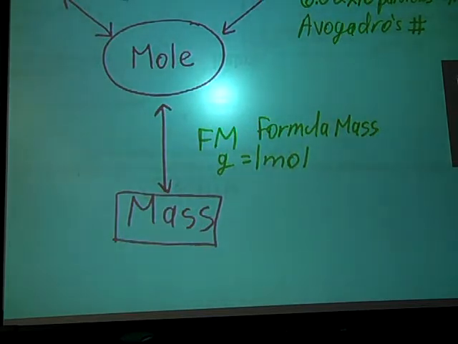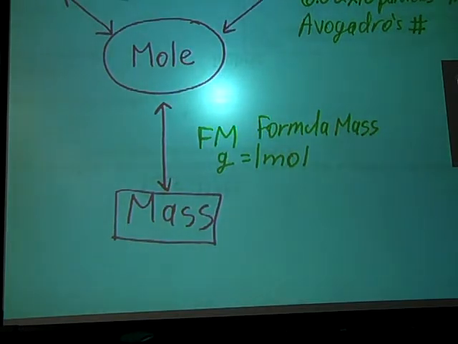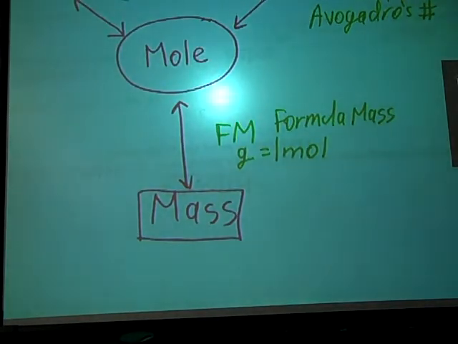If you have 1 mole of a substance, it will have the same mass in grams as 1 atom of that substance has a mass in AMUs. So, for example, the periodic table tells me that chlorine has an atomic mass of 35.45 AMUs. Well, 1 mole of chlorine, if it was just Cl, bad example, would have a mass of 35.45 grams.